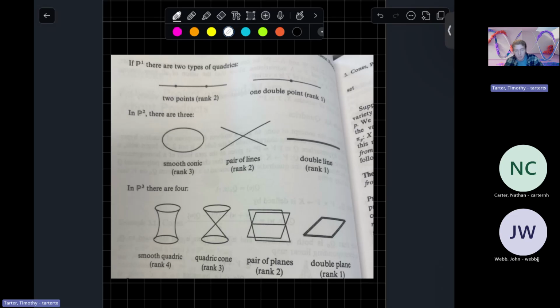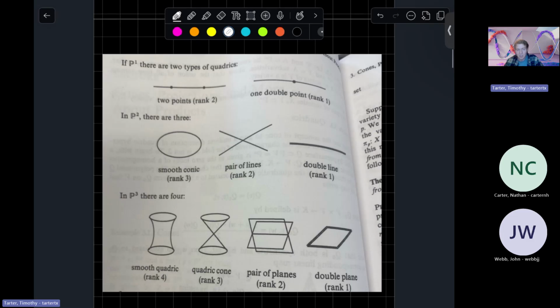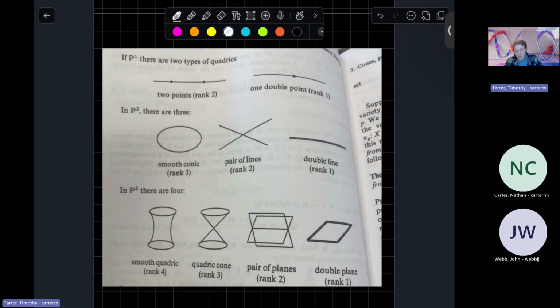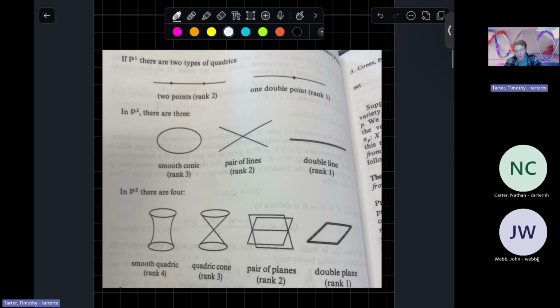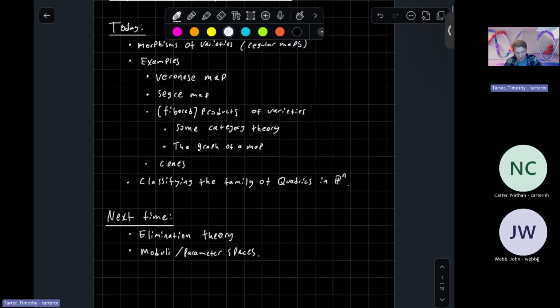In the case of quadrics, what we'll see is that the rank of the quadratic form associated to a bilinear form, and I'll define all these things, the rank of that quadratic form in some space Pn defines the equivalence class up to continuous deformation of the quadric surface. Namely, we'll show this in P1, P2, and P3 concretely, but then we'll prove it generally. These types of problems are known as moduli problems.